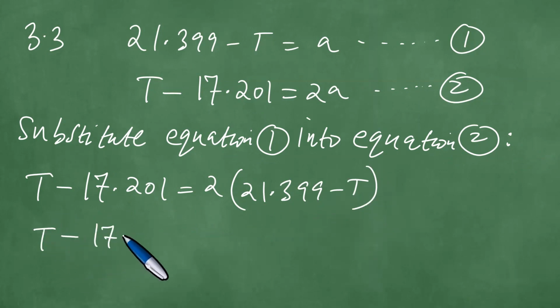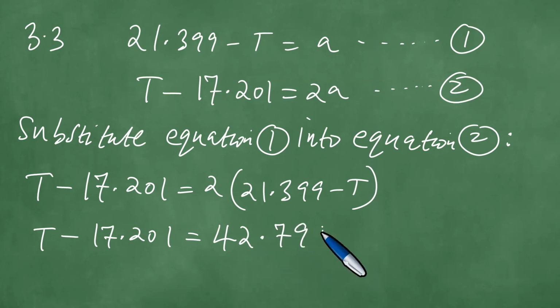We're dealing here with 2 times 21.399, which is actually 42.798 minus twice the tension.